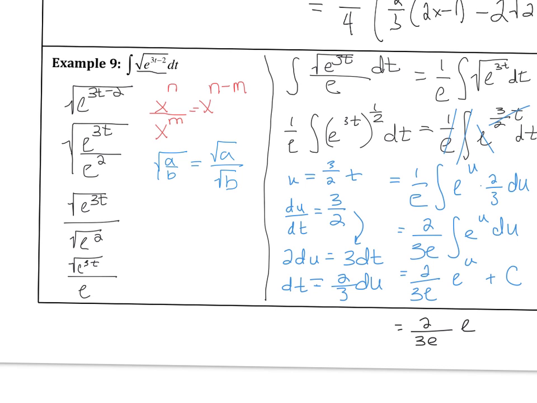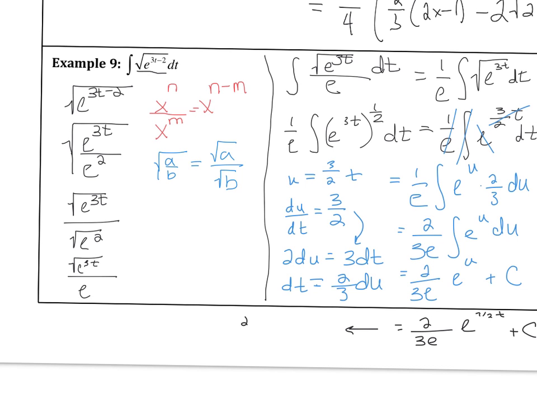U in this case was what? Oh my gosh, I lost it. 3/2 t. So 3/2 t plus c. And you could actually technically take it a step further. I'll show you over here.